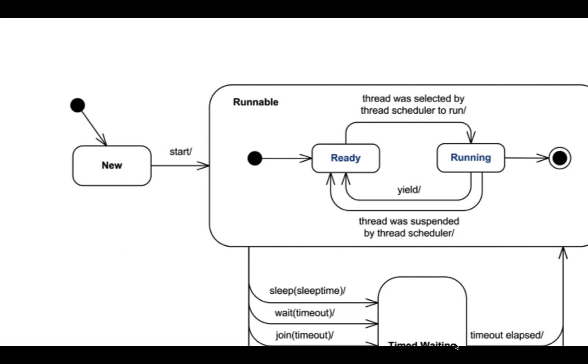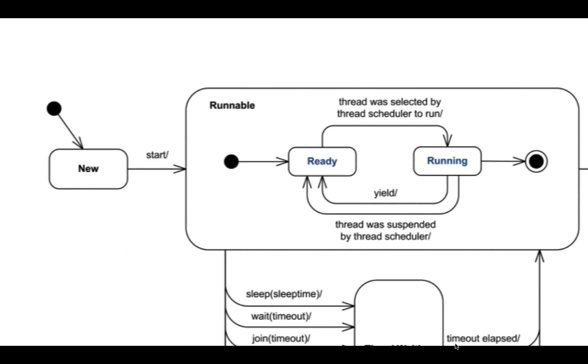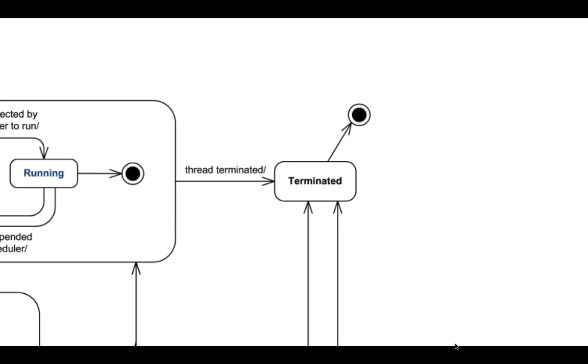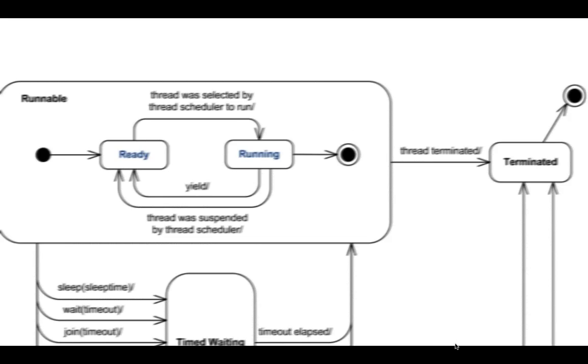When we execute the start method, it goes into the runnable state. Calling start doesn't mean it will be running; it means it is ready to run. Then when the thread pool gives control to the thread, it will be running, and once it has finished its execution, it goes to the terminated state.